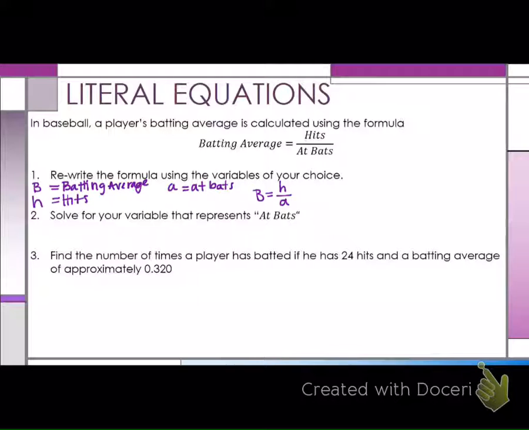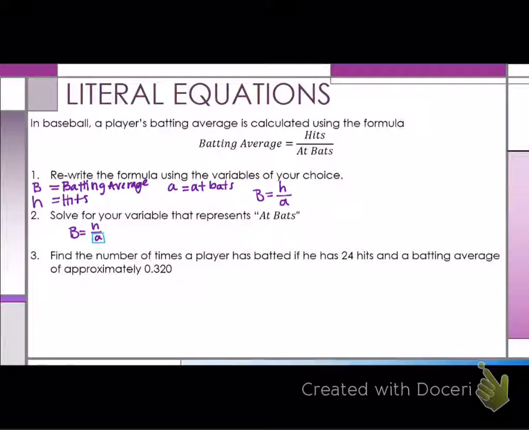Okay, solve for the variable that represents at-bats. So which one represents at-bats for us? A. So that means we have to solve for A. Well, this is a little bit trickier than most of them because A is in the denominator. So what do you think we have to do first? Multiply everything by A. Seriously, most kids don't get that right away, but yes, you have to get rid of the denominator first.